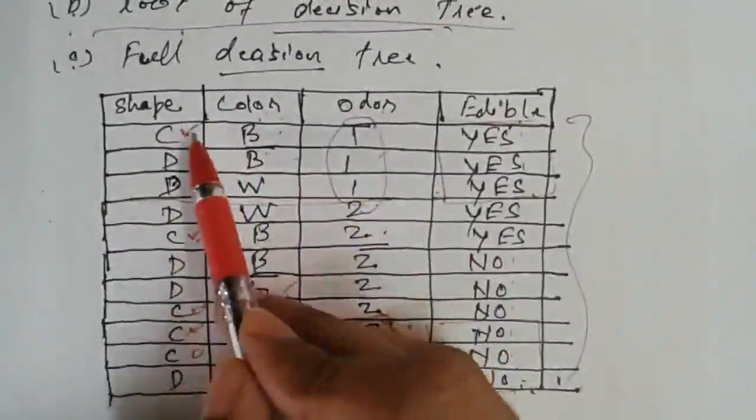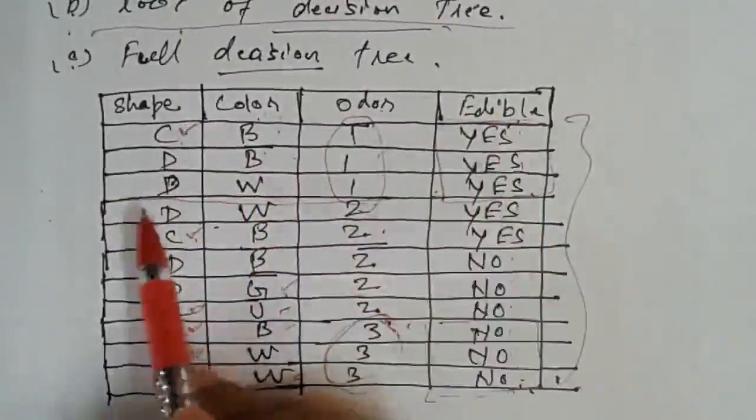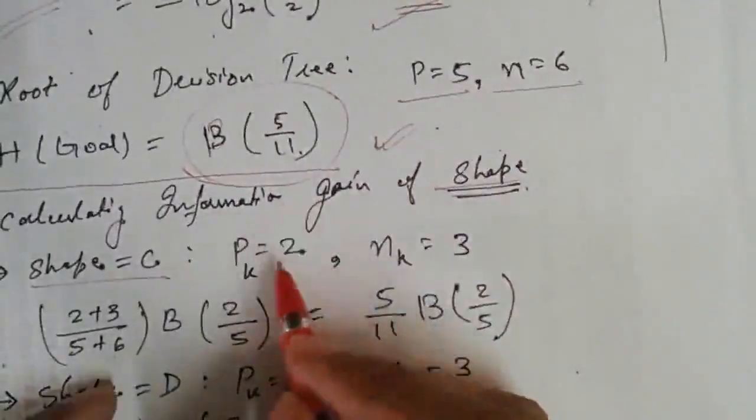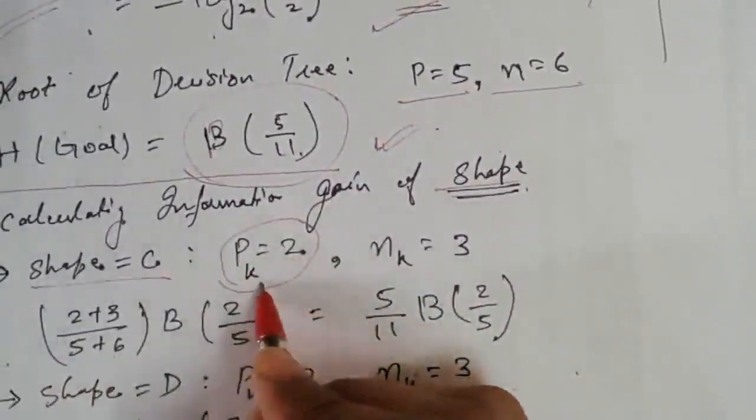Now what will be the count for P? 1, 2, we have 2 for Pk, right? So you understand what Pk is?